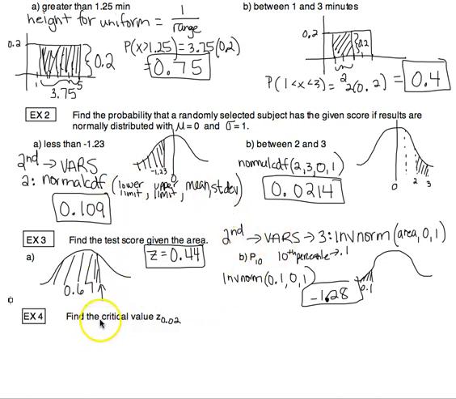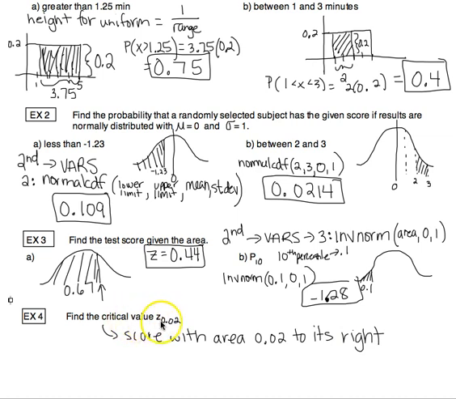Okay, so when it asks us to find a critical value, what this is really saying to us is that it wants us to find the score with an area of 0.02 to its right.